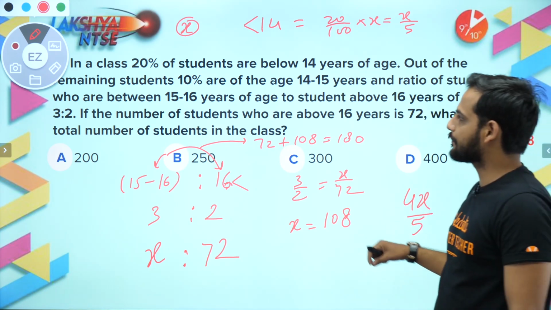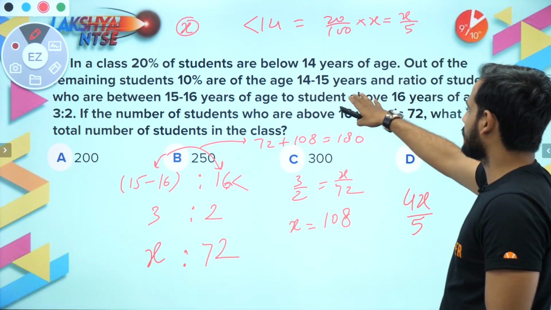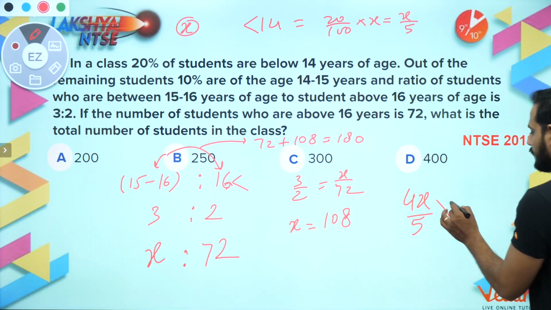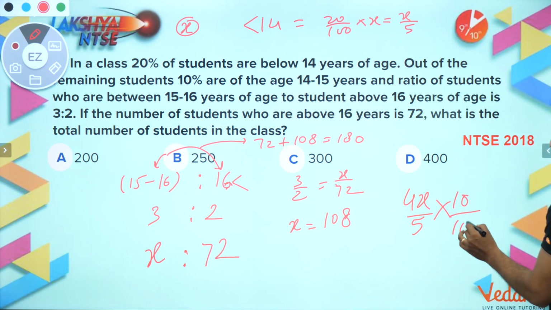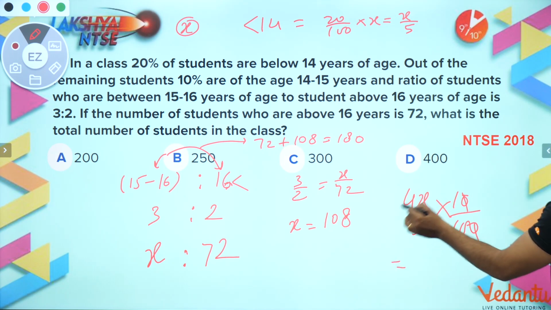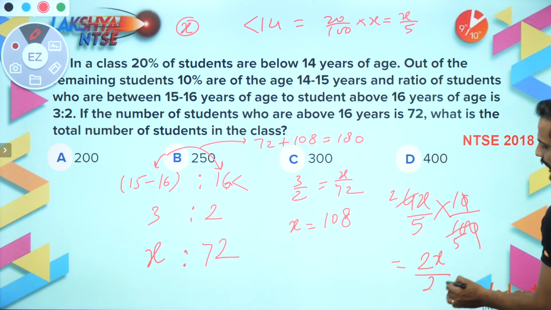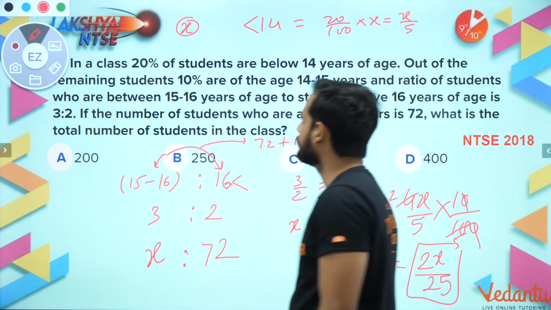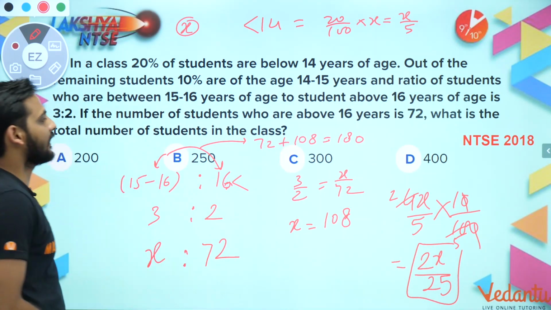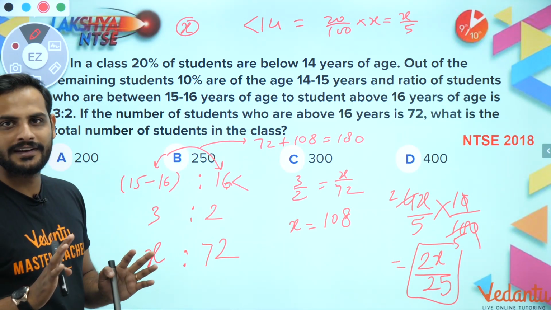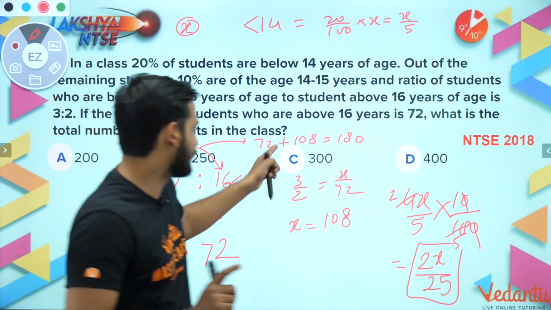Out of these 4x by 5, 10 percent are in the age of 14 to 15. So in this 10 percent, this and this cancel, and here you can see 2 times 5 times. So 2x by 25 students are 14 to 15. And the rest are 180 students, which we have already counted.